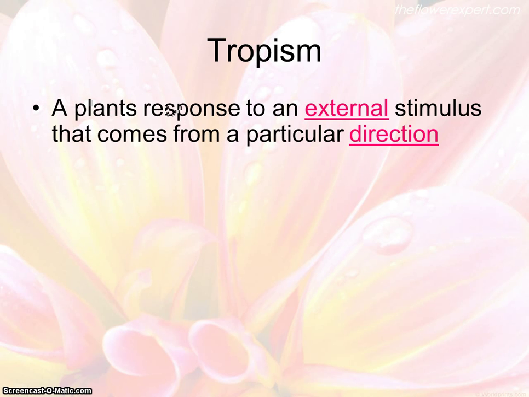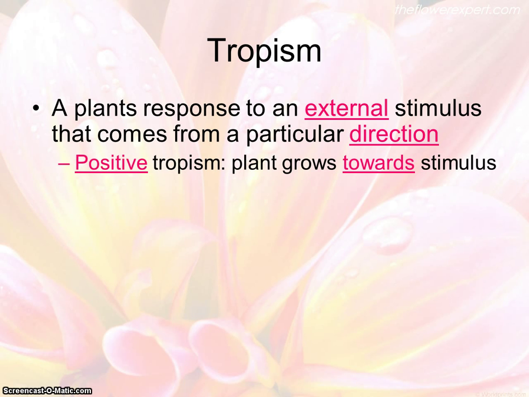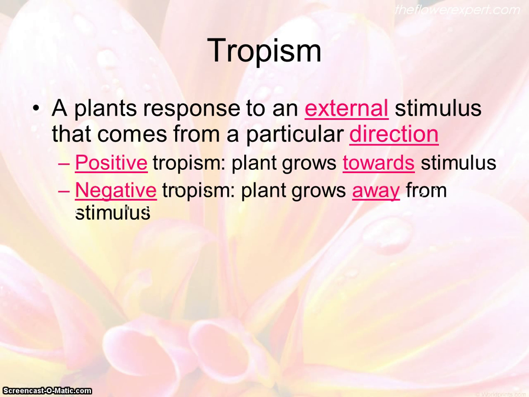Now these tropisms, these responses to these external stimuli, are going to have particular outcomes in a particular direction. A positive tropism would be where the plant is responding and growing towards the stimulus that has triggered that tropism through hormones. Okay, a negative tropism would be where the plant is growing away from that stimulus. All right, once again due to the trigger by hormones and to that tropism.